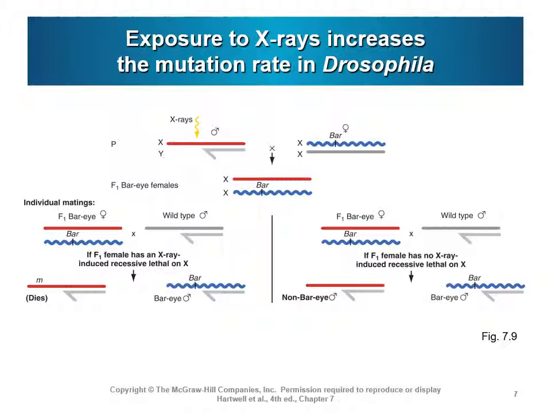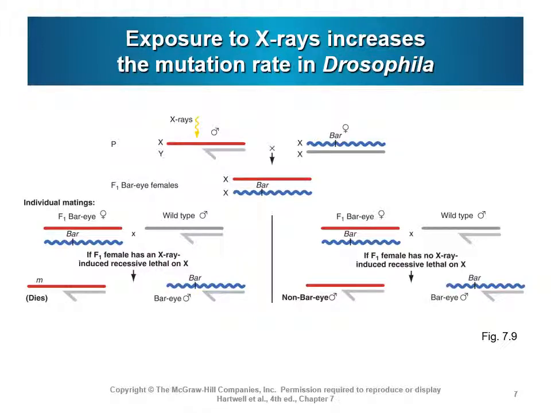If the F1 female is mated with a wild type male, it will result in either offspring that will carry the mutation, so it will die, or offspring that will not have the mutation, and it will survive, the one with Bar.